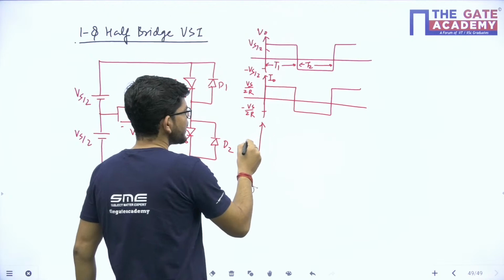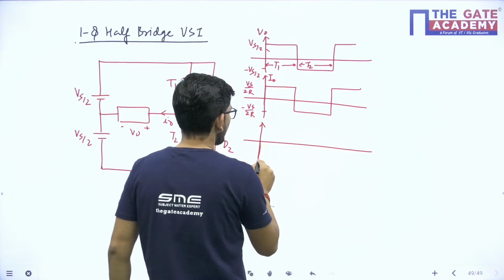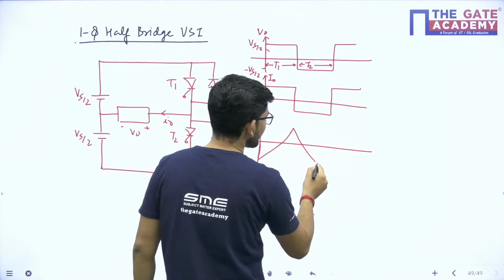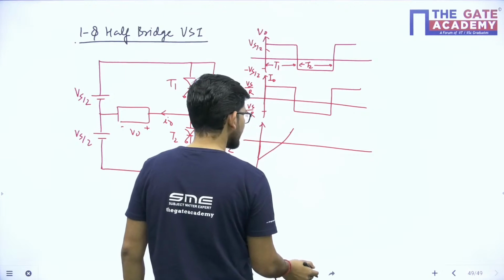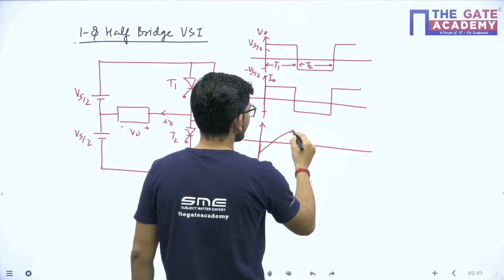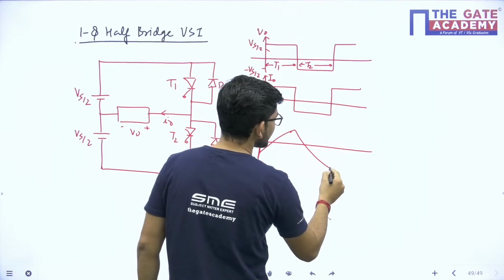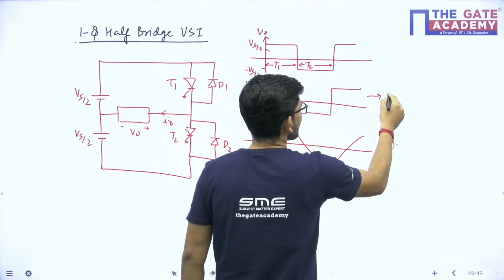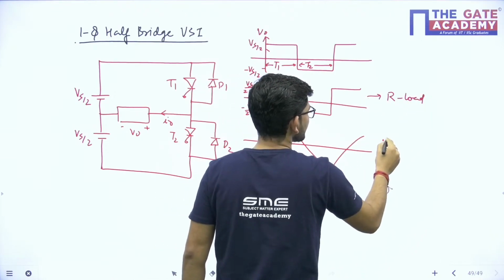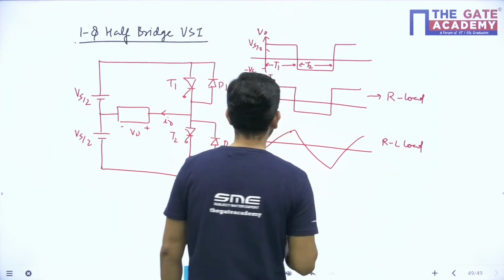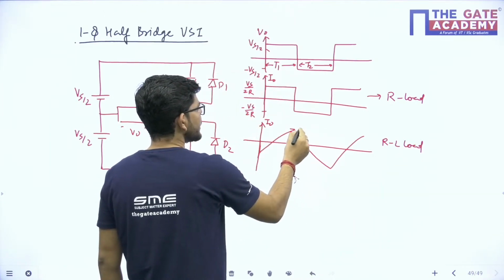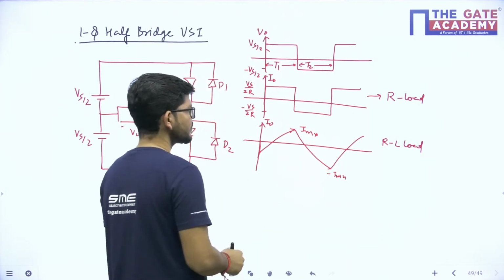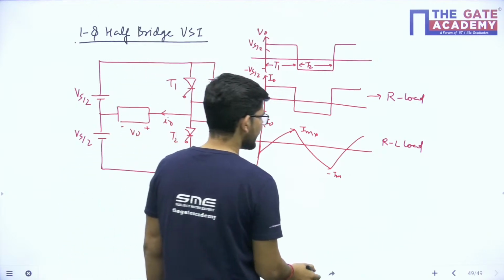In case of RL load, the wave will be exponentially increasing and exponentially decreasing. So this is I naught, this is for R load, and this is for RL load. This is I max and this is I min here.